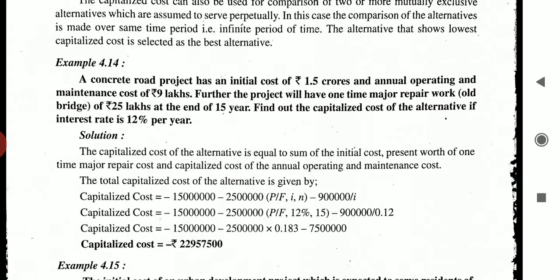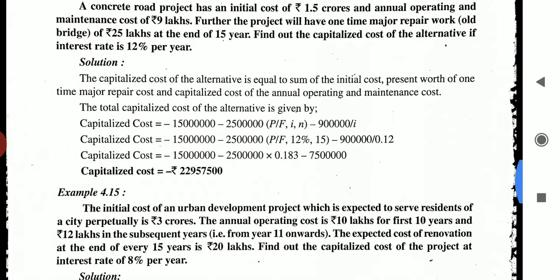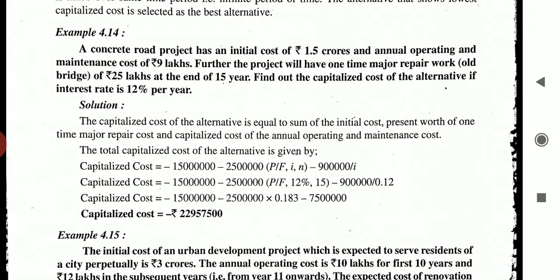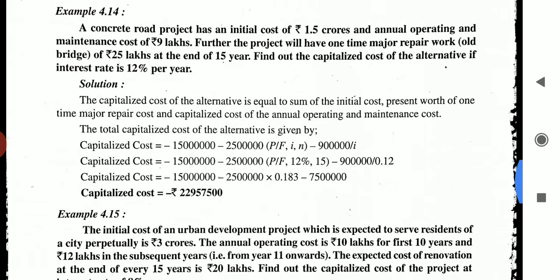And the 14th one: a concrete road project has an initial cost of 1.4 crores and annual operating and maintenance cost of 9 lakh. Further, the project will have a one-time major repair work of 25 lakhs at the end of 15 years.